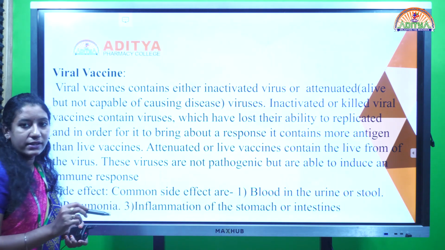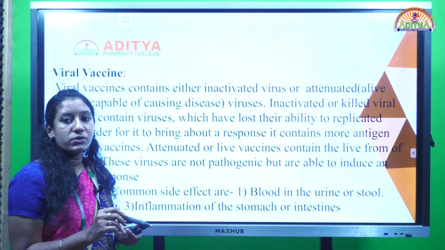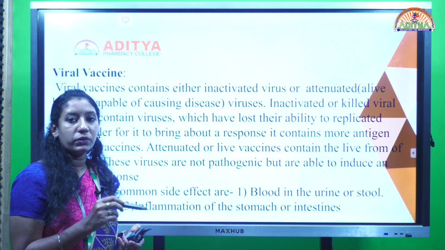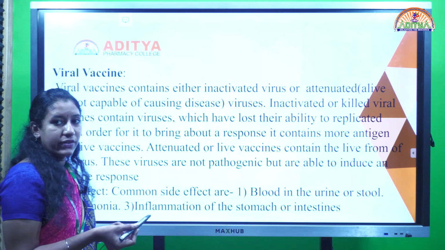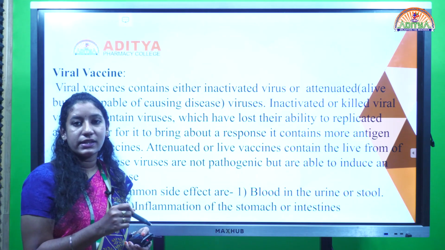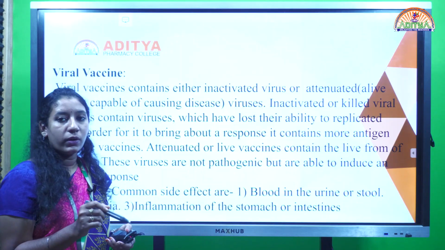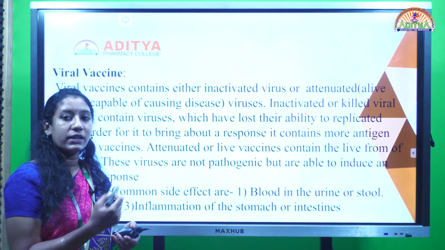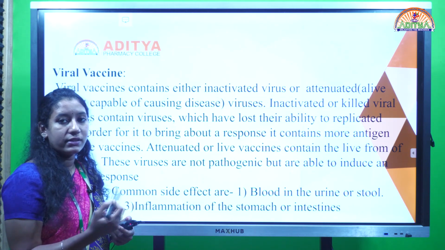So generally a viral vaccine contains live or dead virus cells. Live virus in the sense that the virus is inactive, not active enough to be pathogenic or to cause any infections. Whenever the vaccine is administered into the body, the immune system will produce antibodies towards that vaccine or that virus organism.